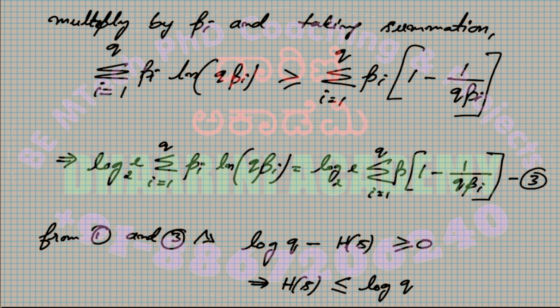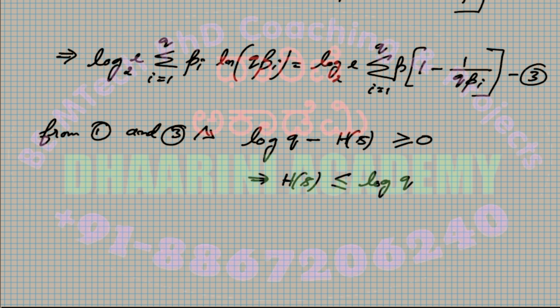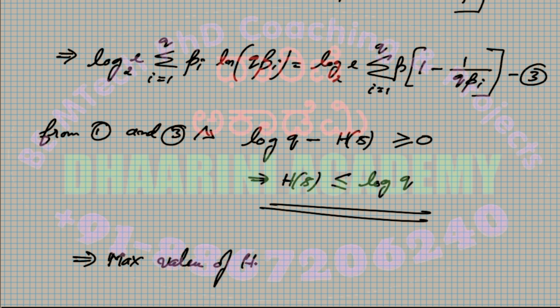Are you okay? Now, you see, that means what is the highest value of this? It becomes equal to means it is that value, correct? So that implies the maximum value of h of s. Max value of h of s is h of s max, correct? So h of s max is equal to simply log q.